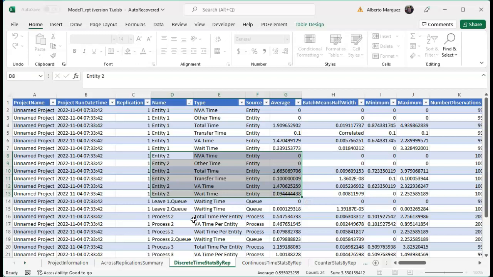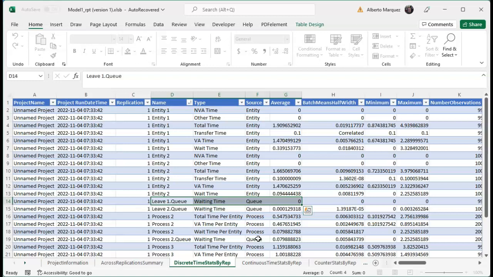And then from the perspective of the processes and from the perspective of the queues, we have two queues. One is associated with the transporter, one is associated with the conveyor. It happens in my model that the first queue is associated with the conveyor, and there is no waiting time.